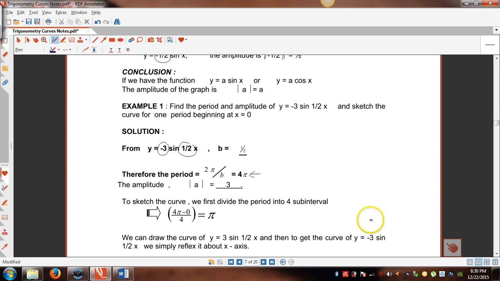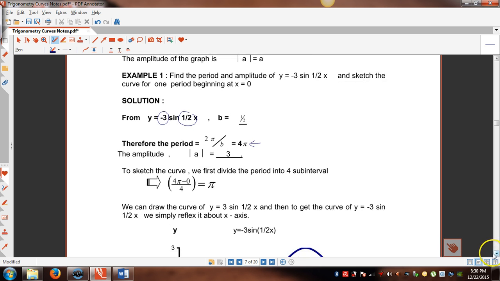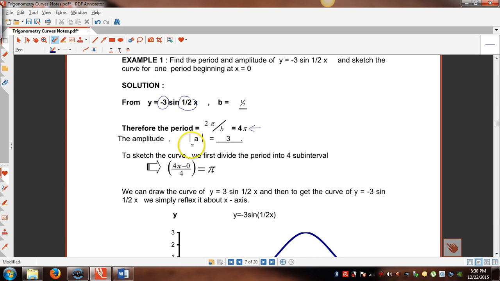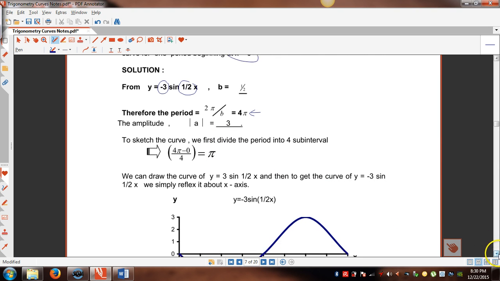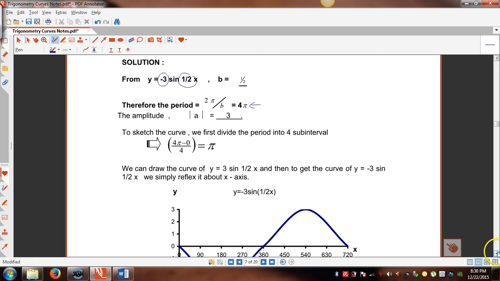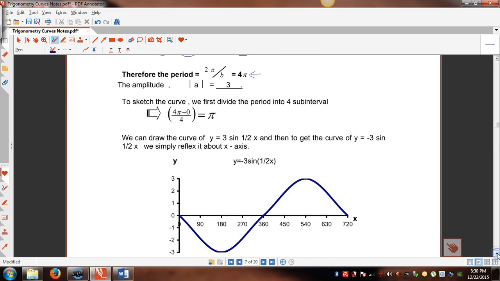Okay, then to sketch the graph, you have to divide the period into 4 intervals. So 4 pi minus 0, where 0 is the initial point x equal to 0, over 4, then we get pi for the distance of the interval. Then we have to sketch the graph.